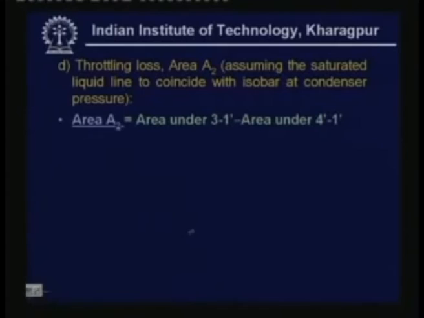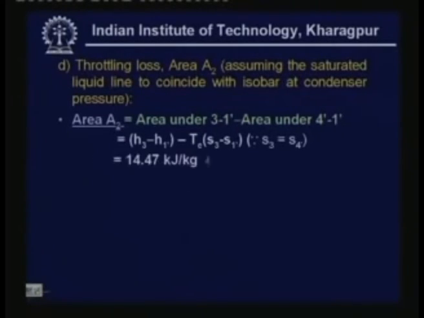As I have already explained how to find the throttling area, if you assume that the saturated liquid line is coinciding with the isobar at condenser pressure, then it is the area under 3 to 1 dash minus area under 4 dash to 1 dash. Area under 3 to 1 dash is nothing but H3 minus H1 dash, and area under 4 dash to 1 dash is nothing but Te into S3 minus S1 dash, because S4 dash is equal to S3.